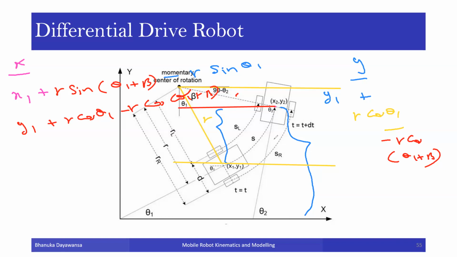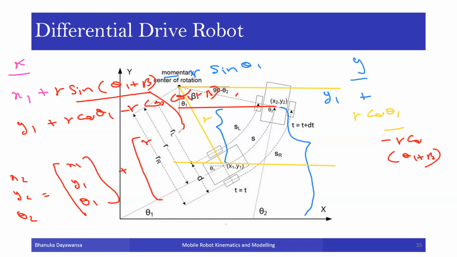So I can go to the slide over there, and basically I can stack this entire thing up in the state space model, like this. So x2, y2, and θ2 is equal to x1, y1, θ1 plus r, this expression, right? r sin(θ1 plus β).